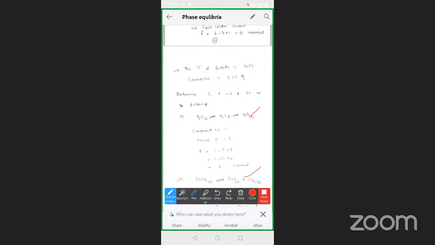Yes, sir. So up to here, what we have considered with respect to phase rule, phase equilibria, and Gibbs phase rule. So very simple topic. So read these points and practice some model questions so that you can attempt the questions very easily.